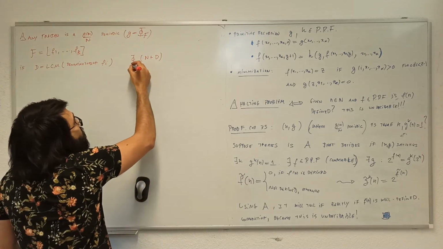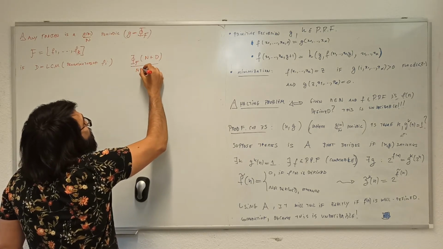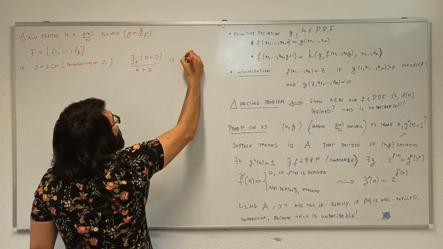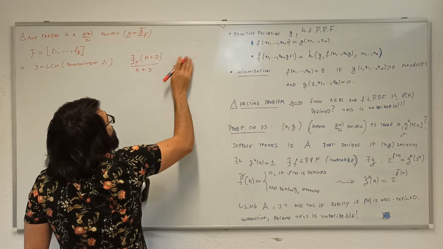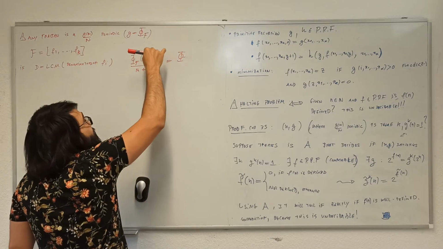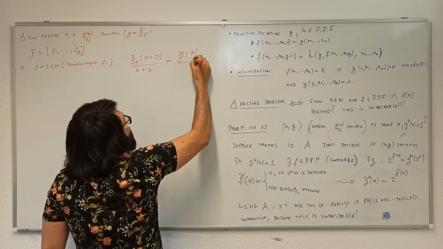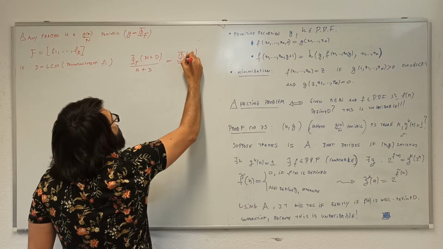So this is periodic, and the fraction it will choose will be exactly the fraction related to n.